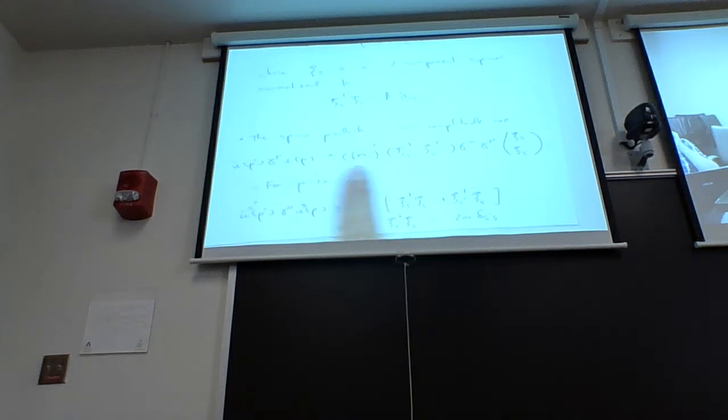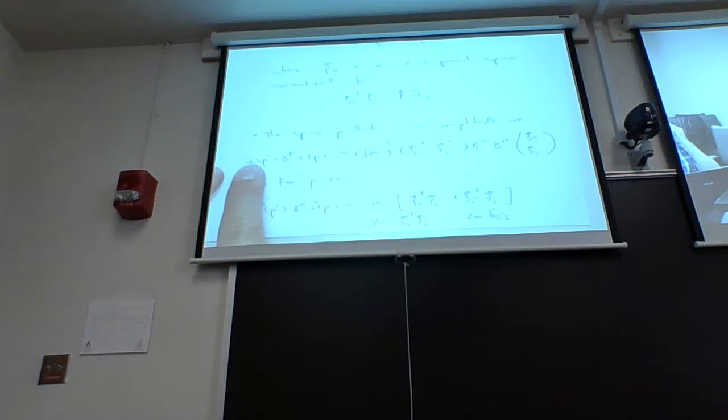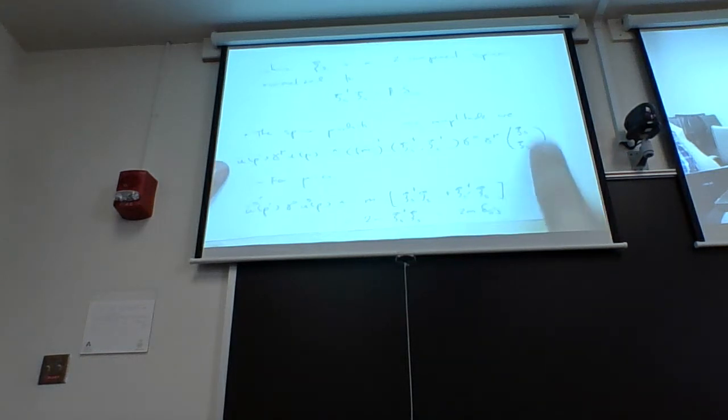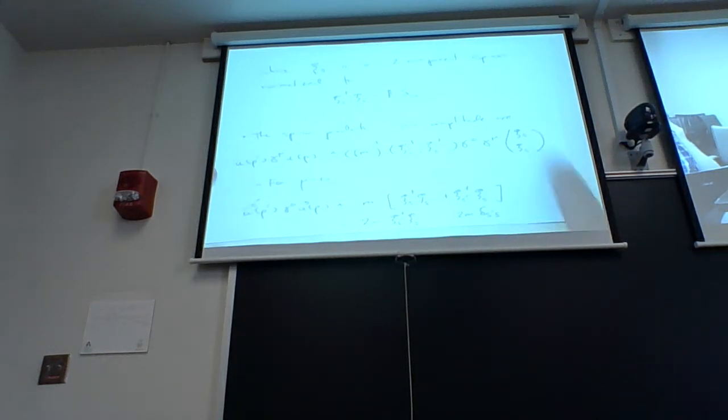Let me take the non-relativistic limit of this thing. I get two factors of the square root of m, and then I get the row vector, and then I have the gamma zero that comes from this u bar. Remember, u bar is u dagger times gamma zero. Here's my gamma mu, and then here's the c, the column vector.